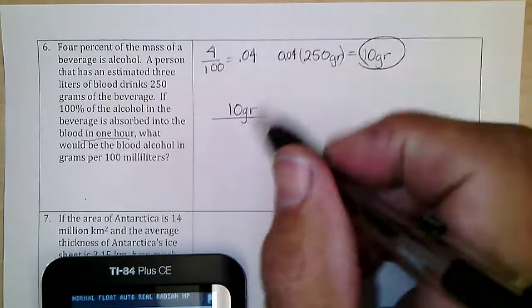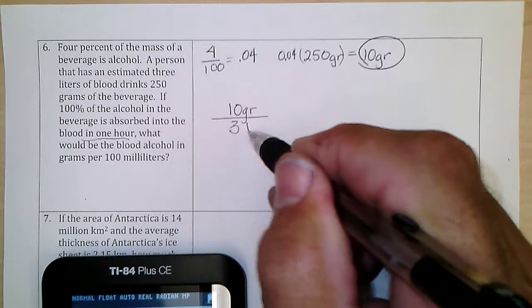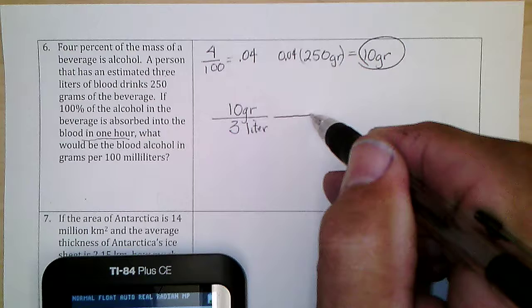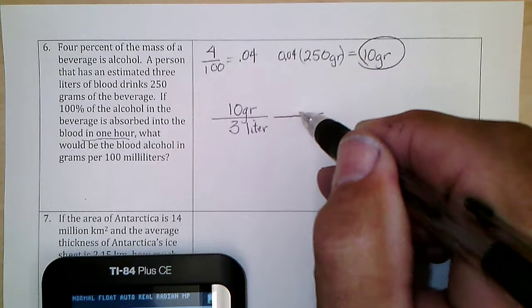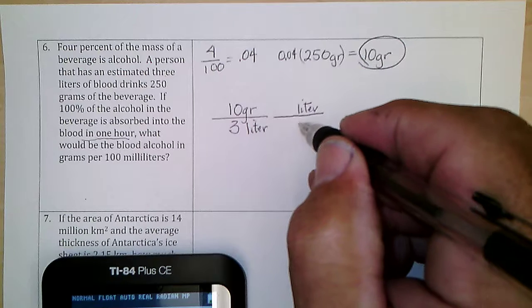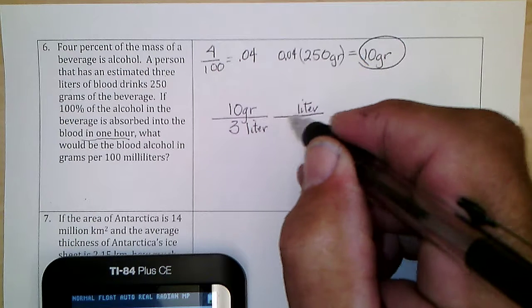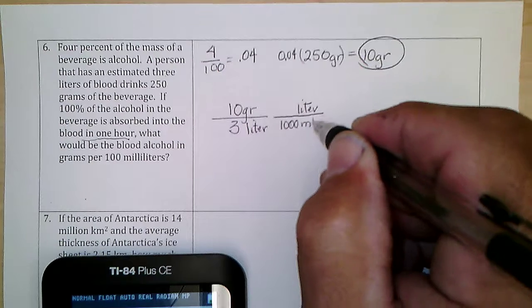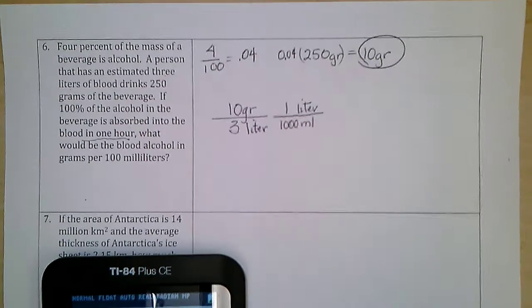3 liters. But we need it in milliliters, so we need liters to cancel. And we need milliliters, that's 1,000th of a liter. So we need 1,000 milliliters to make 1 liter.